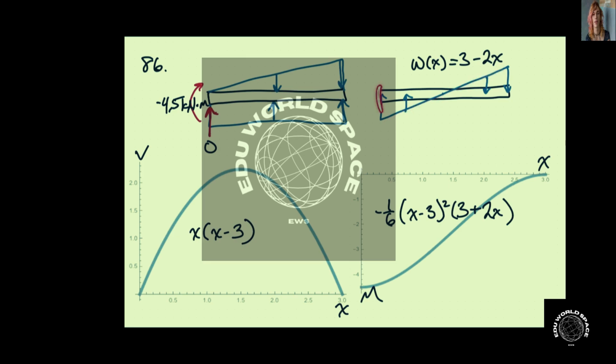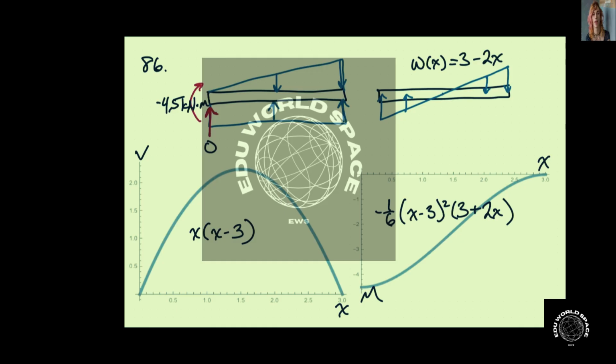The moments, however, are different: we can make an equivalent point load here and an equivalent point load here. They have the same magnitude, but they'll create a couple that needs to be overcome by the reaction at the wall here. It turns out that moment is minus 4.5 kilonewton meters.